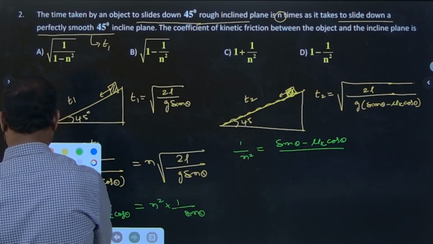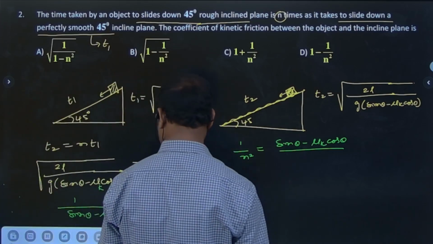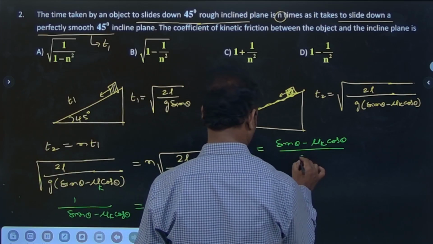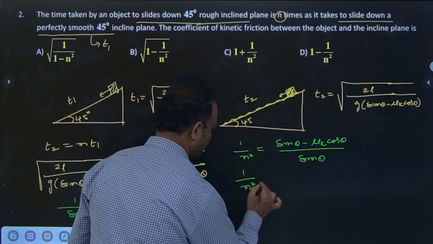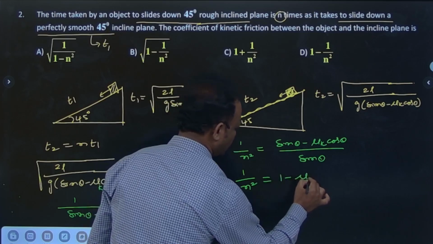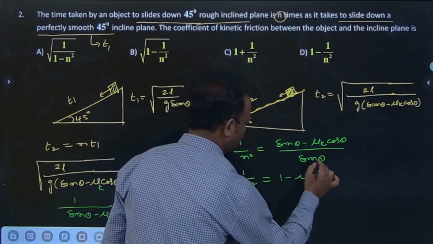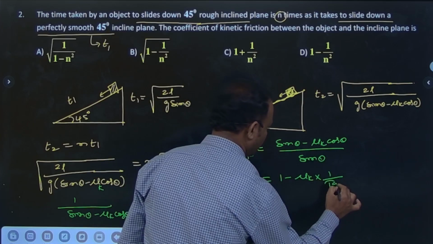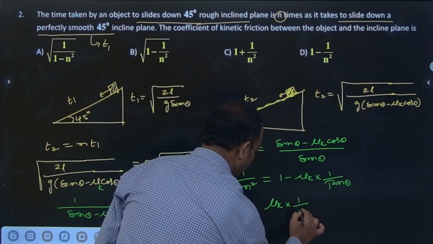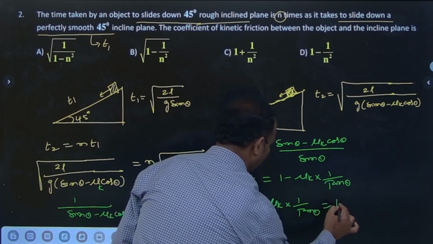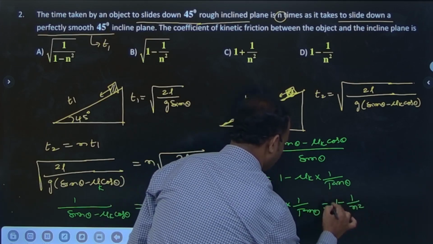Now we can take it as (sin theta minus mu k cos theta) by sin theta. 1 by n square is equal to 1 minus mu k times cos theta by sin theta, which means 1 by tan theta. Here mu k into 1 by tan theta is equal to 1 minus 1 by n square.